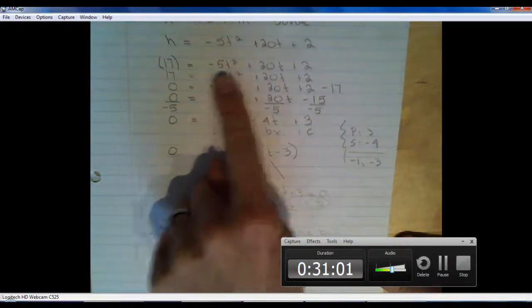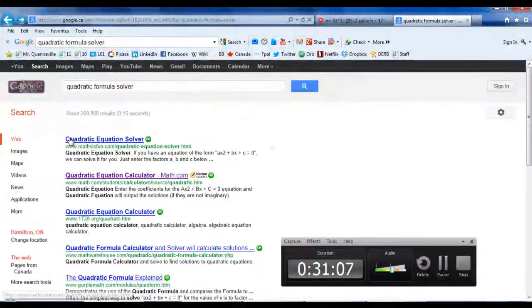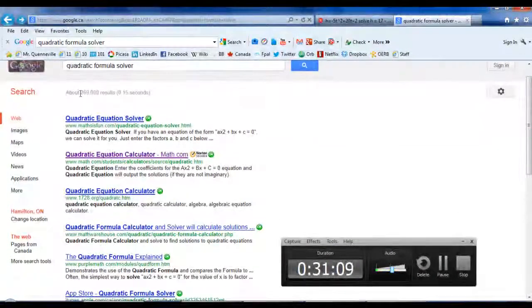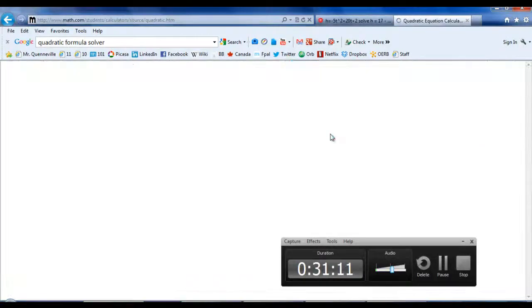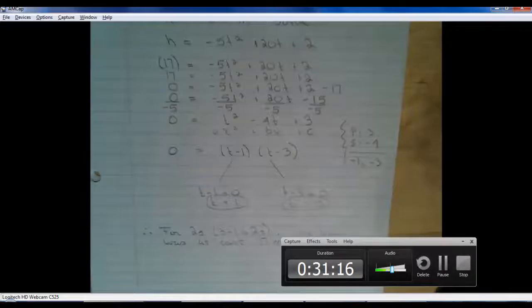Well, let's actually put these numbers into a quadratic solver online. So online, if you Google quadratic formula solver, pick one, and then you take your quadratic formula. In our case, it was minus 5t squared plus 20t plus 2. We solved for height of 17.